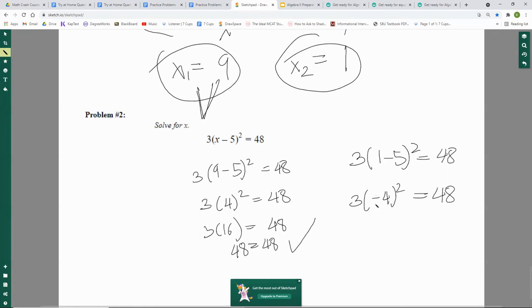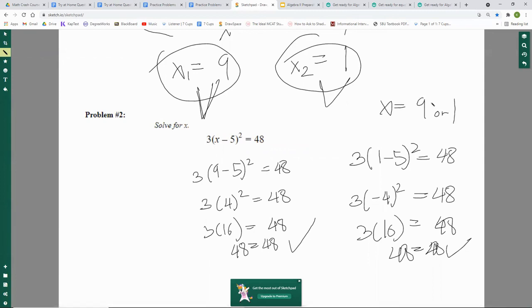But this makes sense, because negative 4 squared is the same as 4 squared. This checks out, so we continue down the line: 3 times 16 is 48, and we get 48 equals 48. This checks out. x1 is 9, x2 is 1, or you can write x equals 9 or 1, whichever way you like.